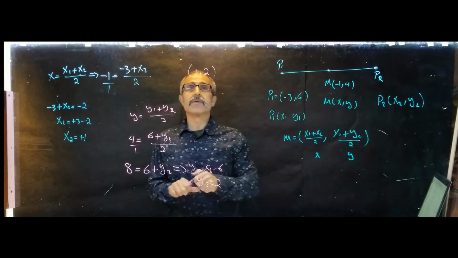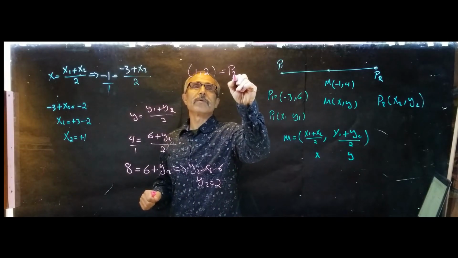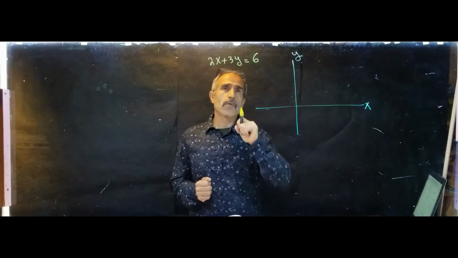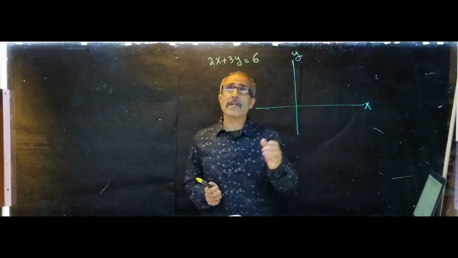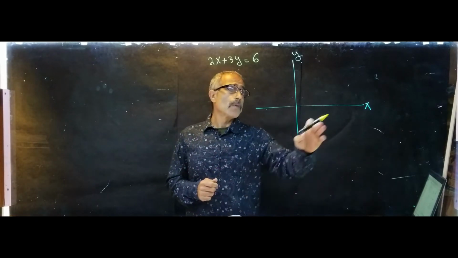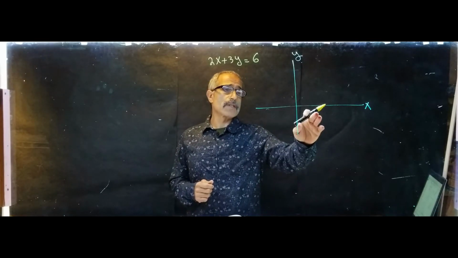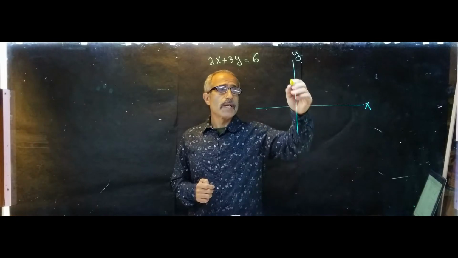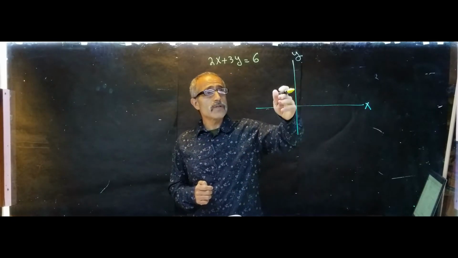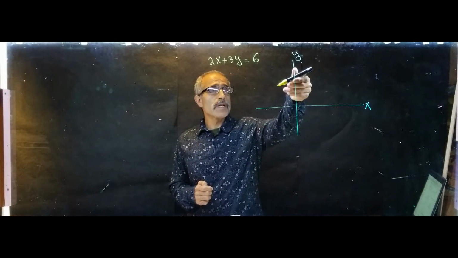And this is equal to P2. We have this equation, and it says plot the x-intercept and y-intercept and graph the line. When you have an x-intercept, that means your y is 0. Wherever I make a line, it's going to cross the y; it doesn't matter where I cross the y, here, here, here.